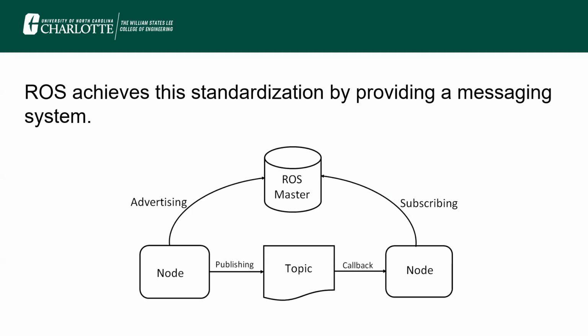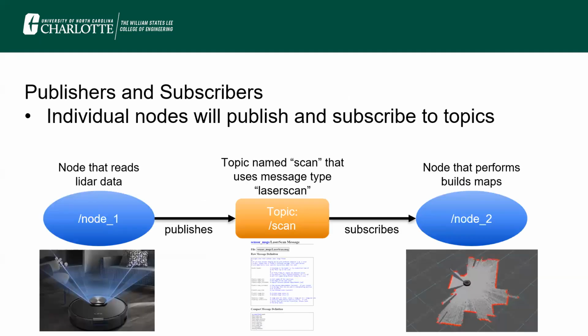And so any simultaneously running application that wants that sensor information can subscribe to that. And so we end up with a structure sort of like this, where you have one node, like the example I just described, publishing laser scan information onto a topic called scan. And then we have another node that's subscribing to that and then taking that information and processing it.